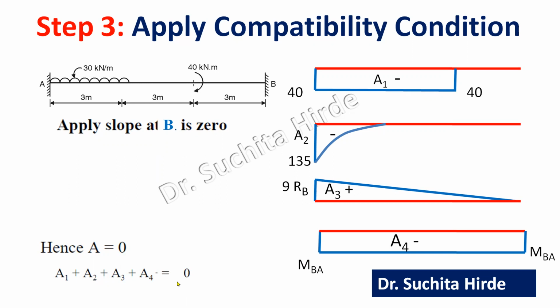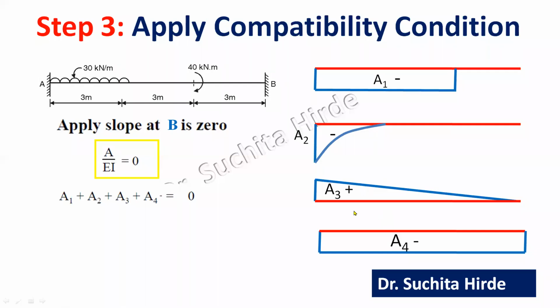First compatibility equation. So let us calculate areas A1, A2, A3 and A4. If you calculate it, A1 is 40 into 6, which is 240. A2 is 1/3 base into height. So 1/3 into 3, this ordinate is 135, so you will get minus 135.